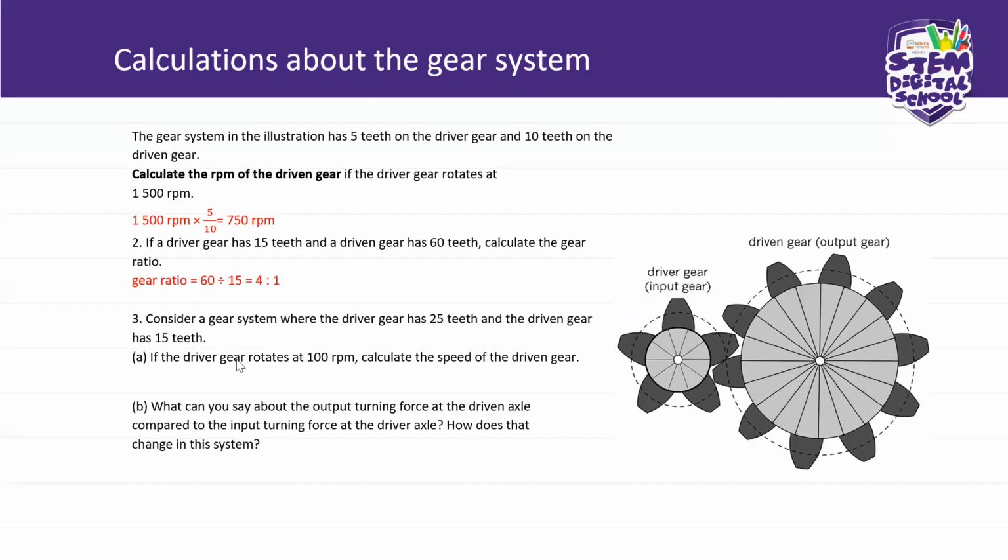So you are going to use this formula: the revolutions per minute of the driver gear multiplied by the number of teeth on the driver gear divided by the number of teeth on the driven gear. So the answer will be 167 revolutions per minute.